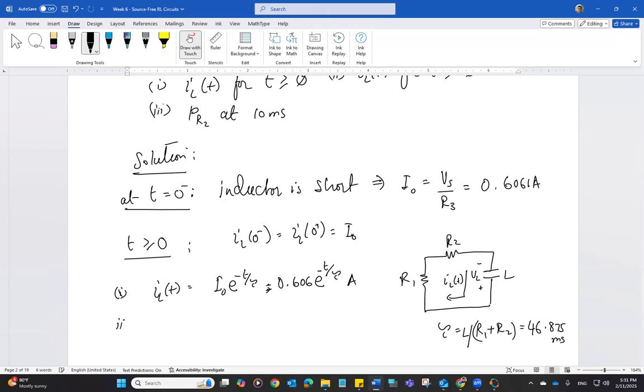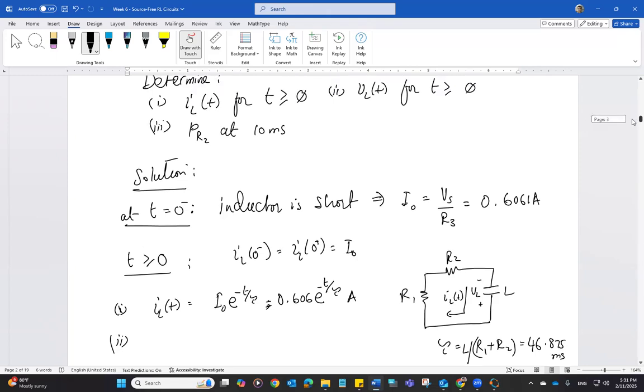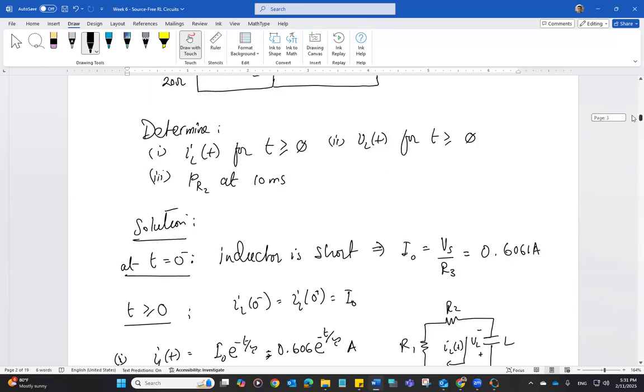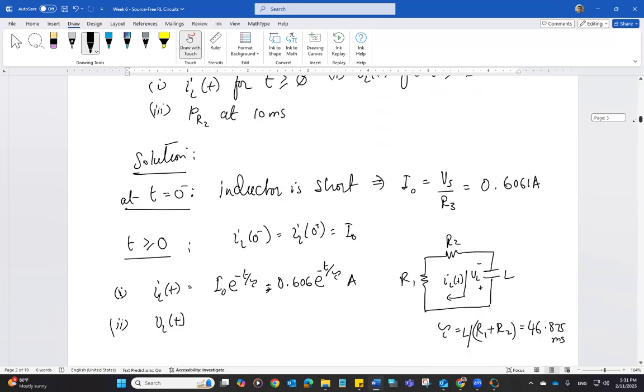Part 2 is we have to calculate the inductor voltage, vL(t), for t greater than or equal to 0. Now, the inductor voltage, if I go back, actually, no, that was the last lecture.